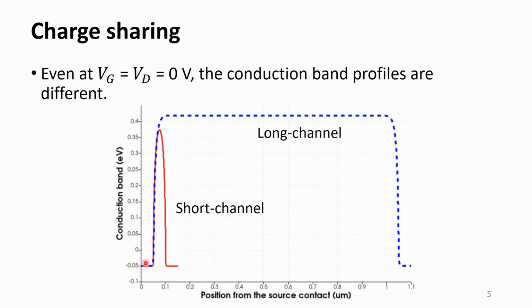So, the conduction band profile is deviated from that of the long channel device. As we can see here, the peak energy is reduced and it is related with the reduced threshold voltage.